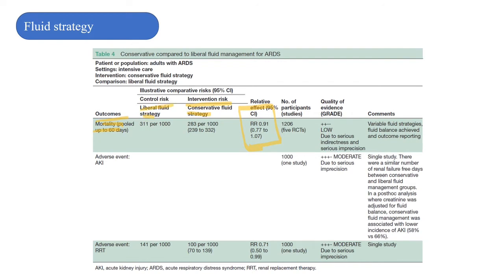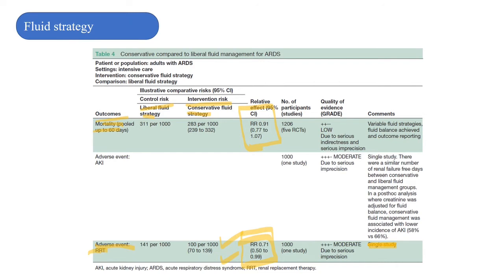But it's important to show that in the adverse events of the need for renal replacement therapy, the use of conservative fluid strategy was associated with a significant decrease in the need for renal replacement therapy. This was based on a single study. They didn't find multiple studies to do a meta-analysis.